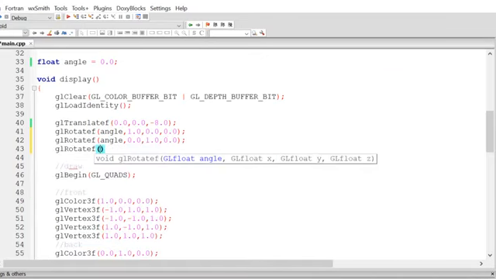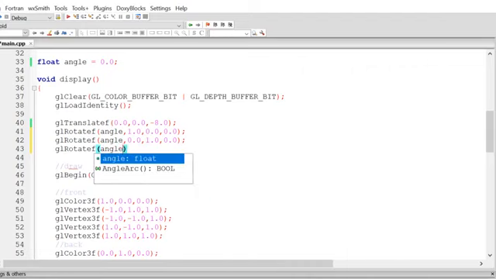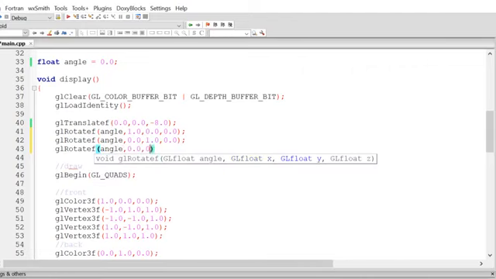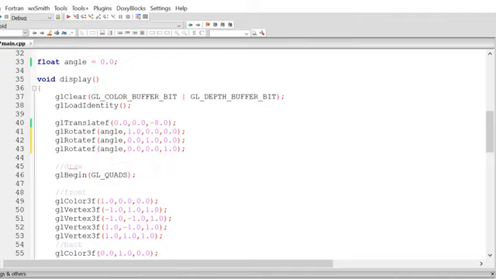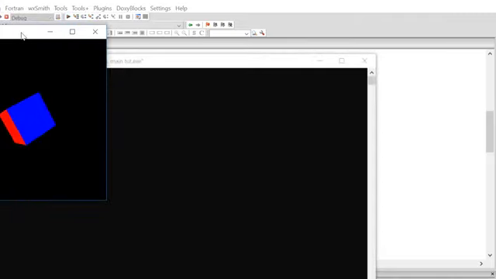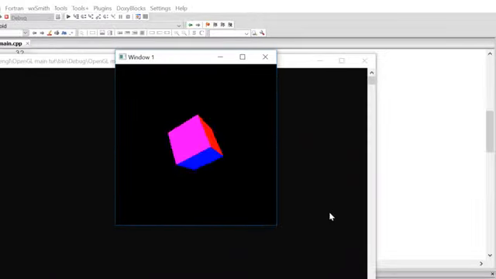Then again along another. You can see the rotation is a bit random now.